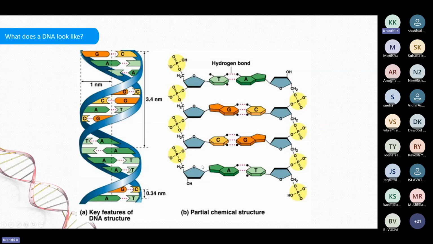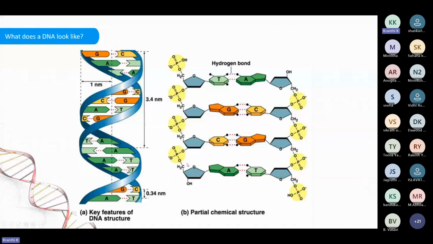This is a nitrogenous base. So the nitrogenous base, sugar molecule, and the phosphate, these three are considered a nucleotide. If you consider only the adenine, the nitrogen base, and the sugar, this is called the nucleoside. So a nucleoside with phosphate is called the nucleotide.